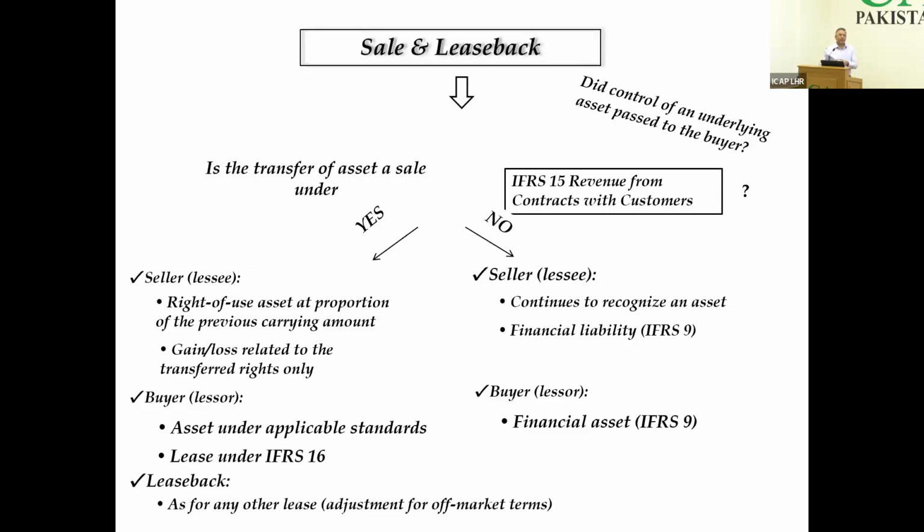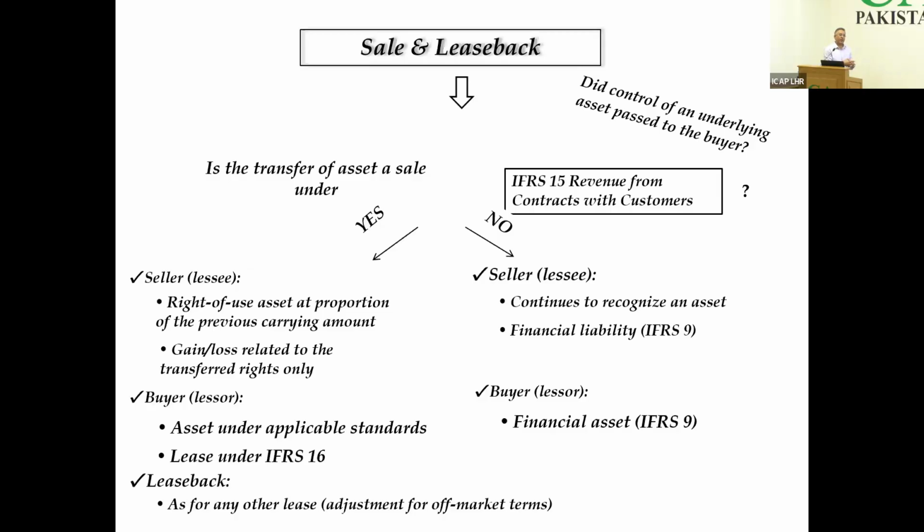The answer lies with IFRS 15, and that is whether the risks and rewards, or the benefits accruing from the asset, materially rest with the buyer of the asset, in this case the lessor, or still the major risks and rewards or the economic benefits rest with the lessee, which is basically the owner of the asset. If the criteria given under IFRS 15 indicate it's a sale, then you will go for accounting of sale and leaseback. Otherwise, it will be a financing arrangement.